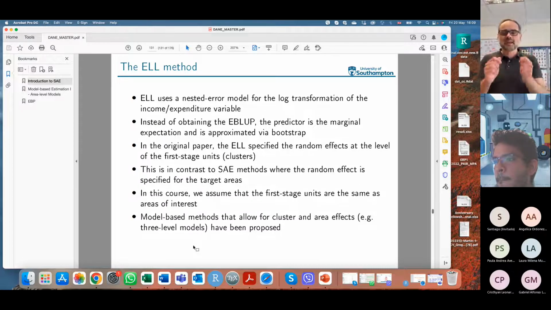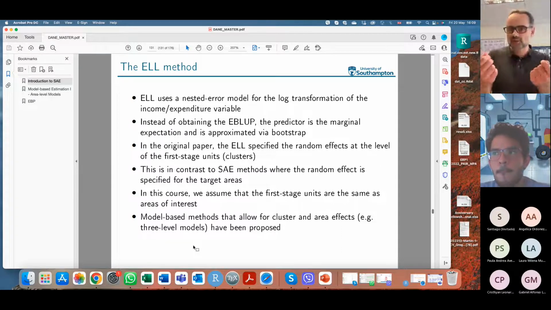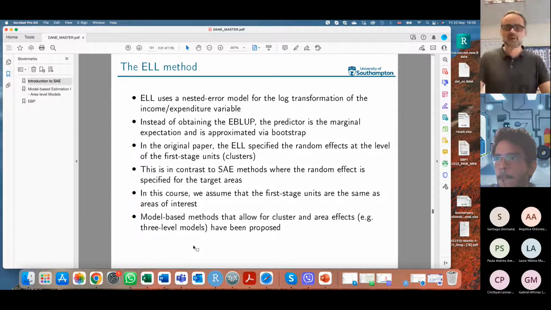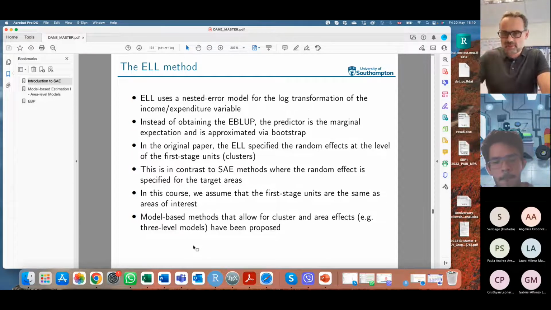Okay, so the ELL uses, as I said, a nested error model, so a random effects model. The left-hand side is the logarithmic transformation of the income or an expenditure variable or a consumption variable, depending on what you're modeling. And instead of using the EBLUP, the predictor effectively uses a marginal expectation, and the whole thing is approximated via bootstrap.